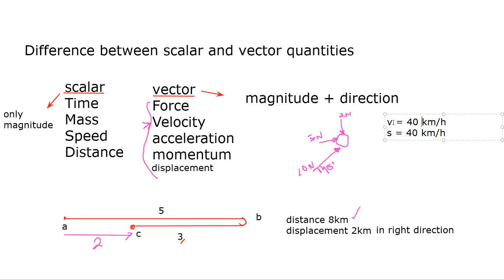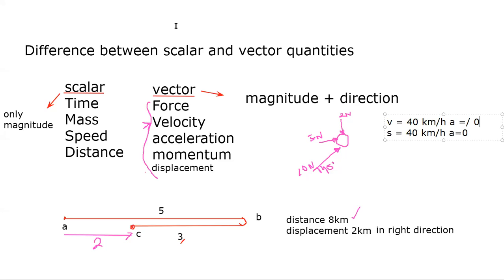But for velocity, we have to specify a direction also. In this case, the acceleration will always be equal to zero if it is moving with a constant speed. But for velocity, this can be or cannot be equal to zero. So it is not necessary that it will always be equal to zero if velocity is 40 kilometers per hour.